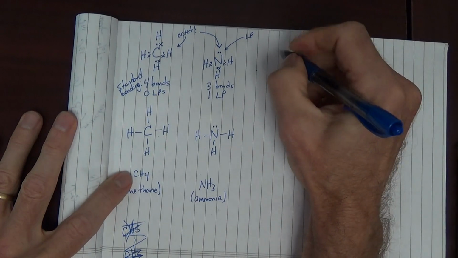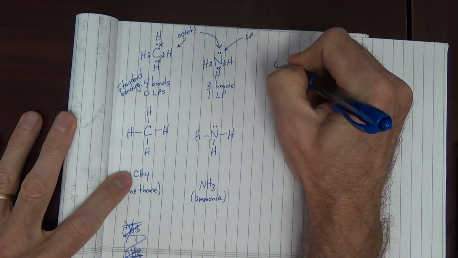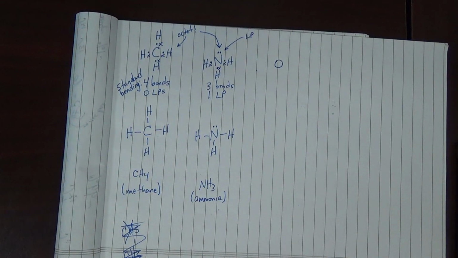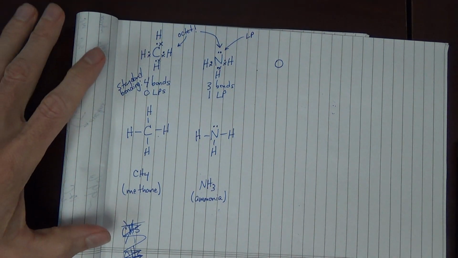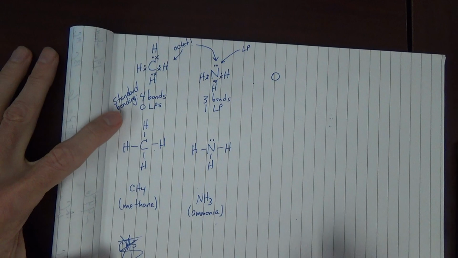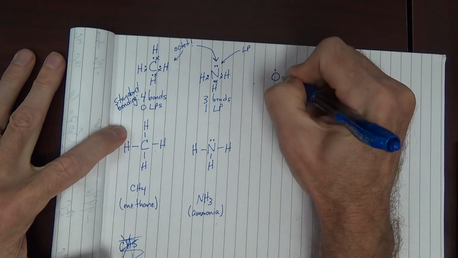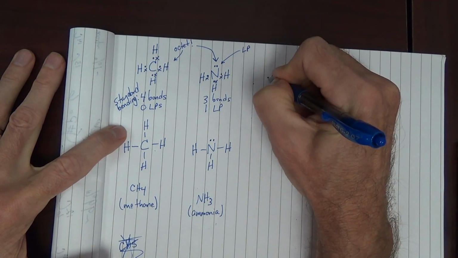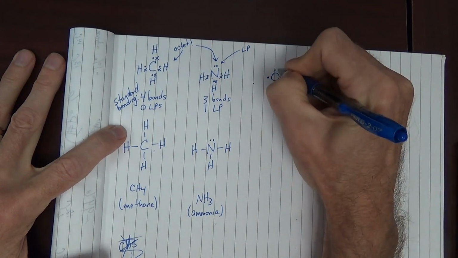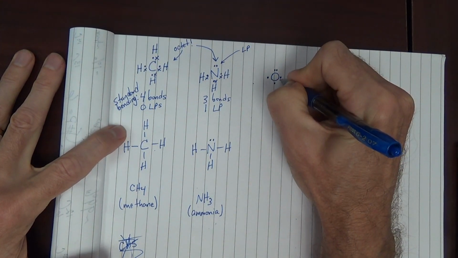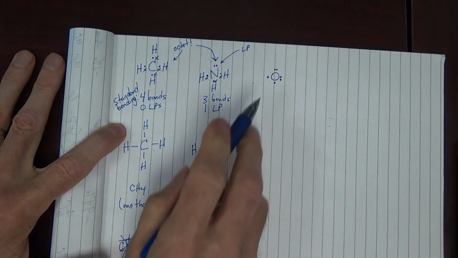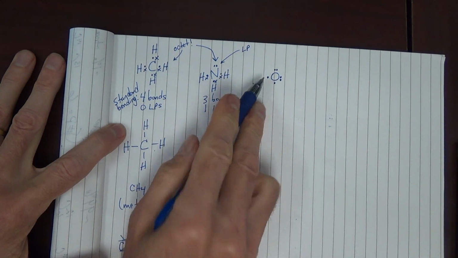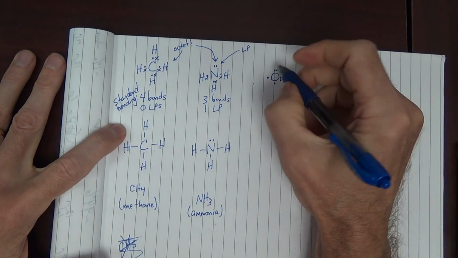After nitrogen would be oxygen. How many valence electrons? Hopefully you see that that's 6, and we can come around 1, 2, 3, 4. Now let's start pairing up 5, 6. And we see we need 2 more electrons. That's going to come from bonding.